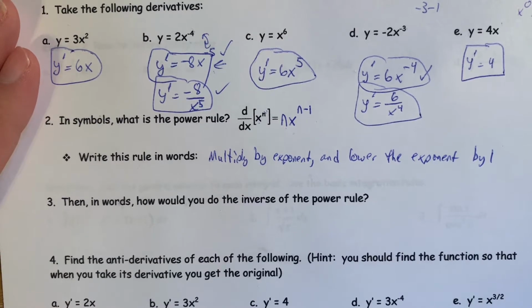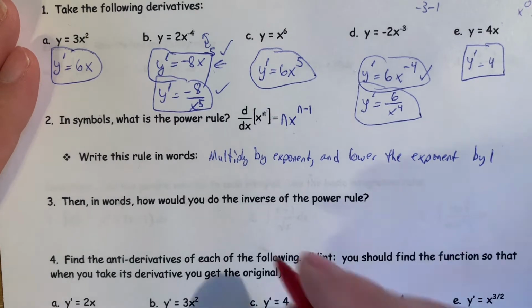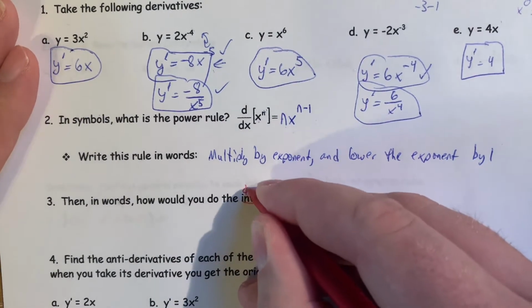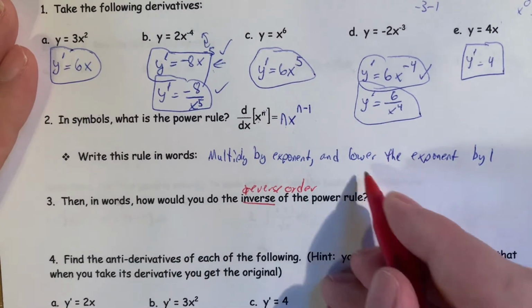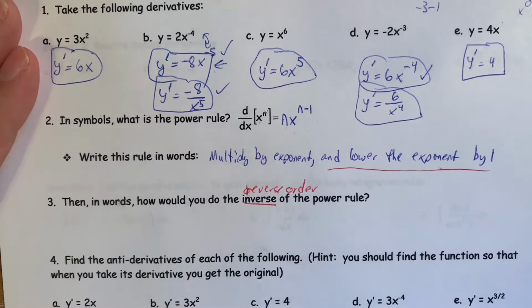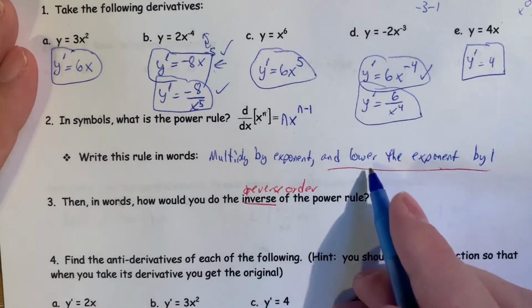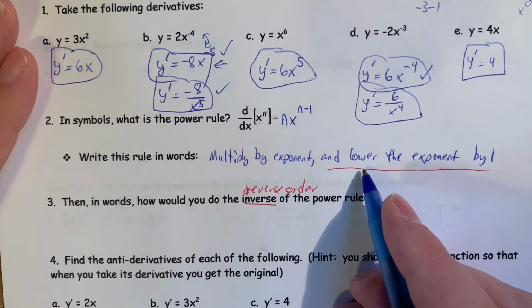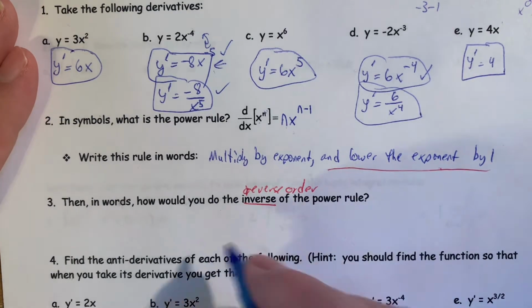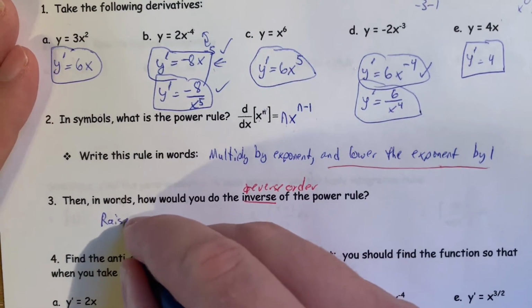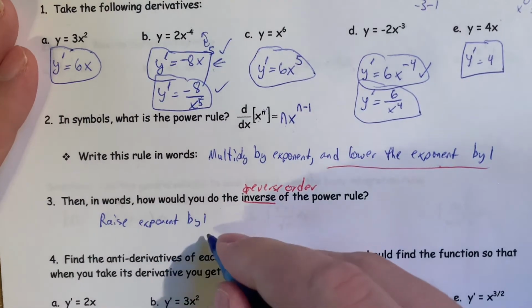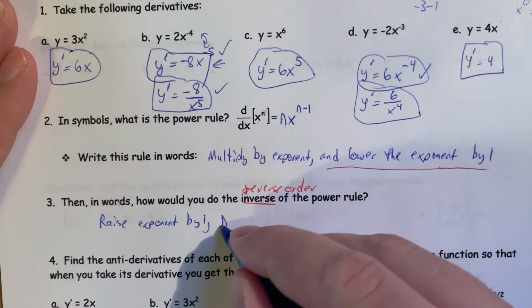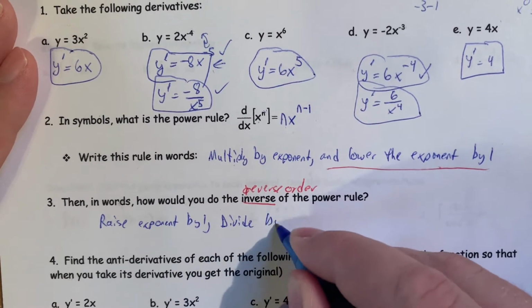And the tricky thing is that when you do the inverse, you do it in the reverse order. You undo the last thing first. So the very first thing we need to undo is whatever happened last. Since the last thing that happens when you're doing the derivative is you lower the exponent by 1, you need to raise the exponent by 1, and then you need to divide by the exponent.